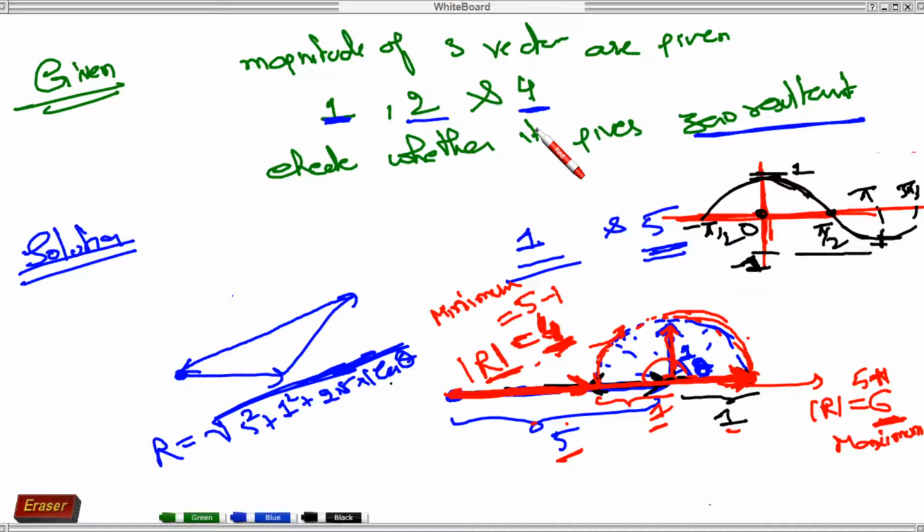So we considered 1 and 5 here, and the rest is the 4. When this vector of magnitude 1 is somewhere here, the resultant is 4. So this means this combination of three vectors can give 0 resultant.